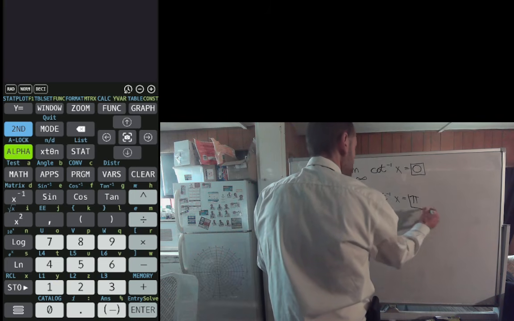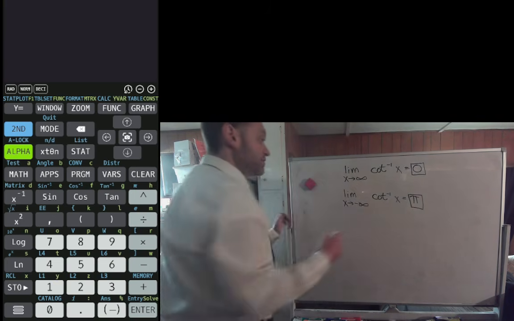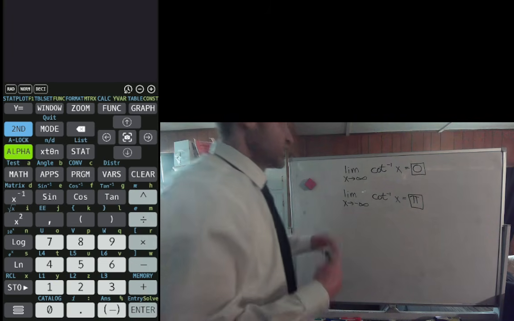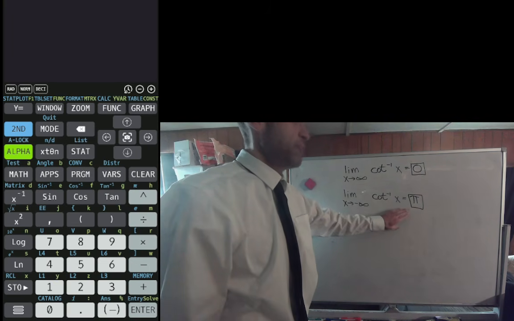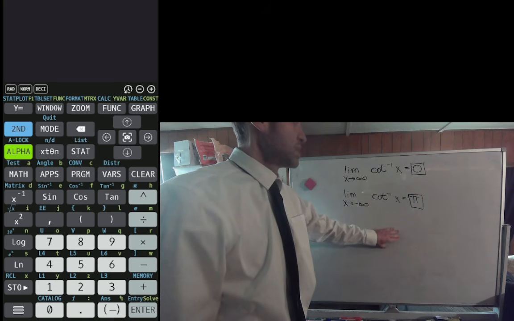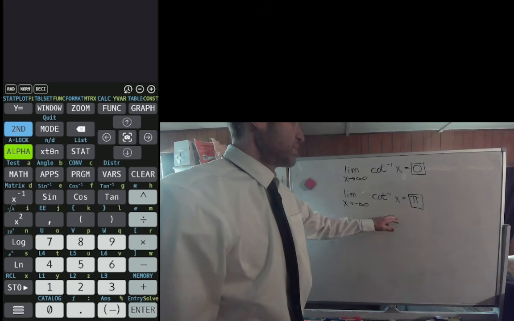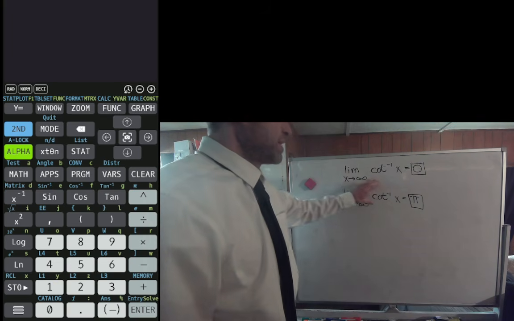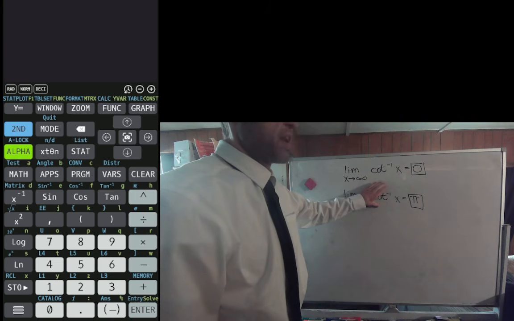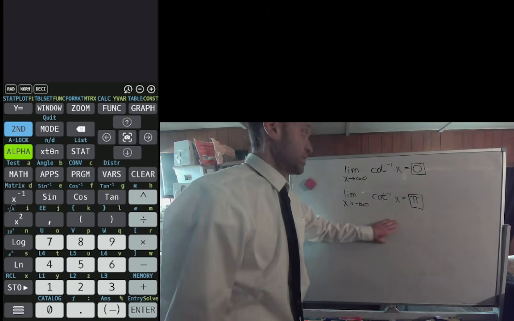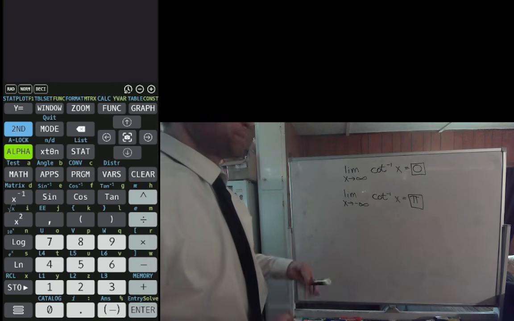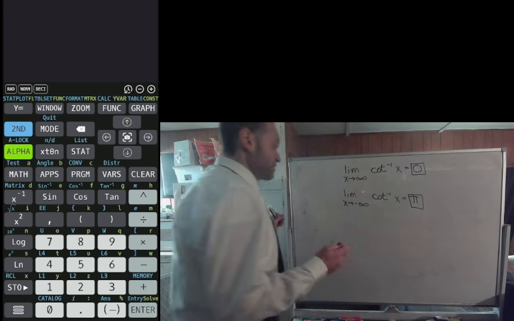So my limit as x approaches negative infinity of the inverse cotangent of x would end up being pi, if we think about the cotangent function graph and then the inverse cotangent function graph. So those are some basic inverse trig function limits.